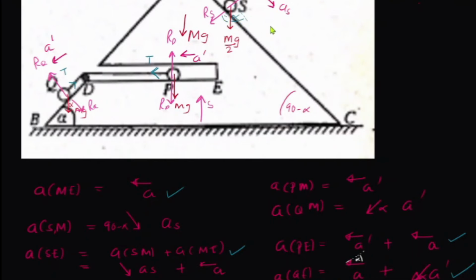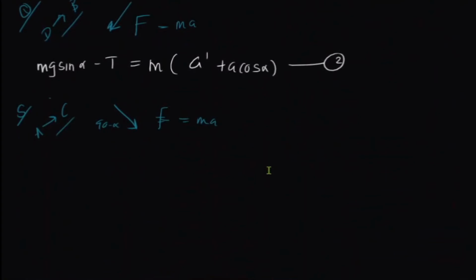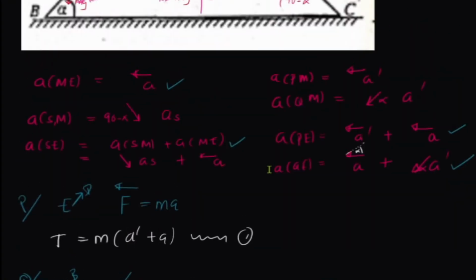M over 2 g cos alpha is the only force acting along AC. M over 2 g cos alpha is equal to the mass, simple M, times the acceleration. Acceleration of S relative to Earth in this direction is AS.